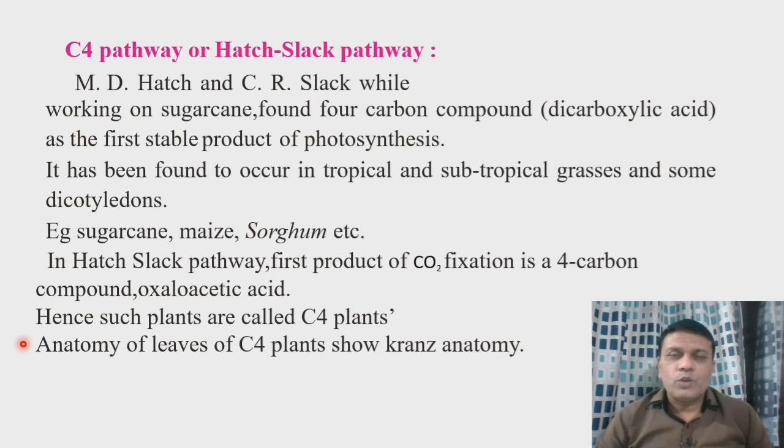Now these C4 plants show a peculiar leaf anatomy. That means they show peculiar internal structure to carry out C4 pathway, and this peculiar structure found in the leaf is called as Kranz anatomy. That means the leaf of C4 plants shows a Kranz shaped structure. Hence the anatomy is called as Kranz anatomy.